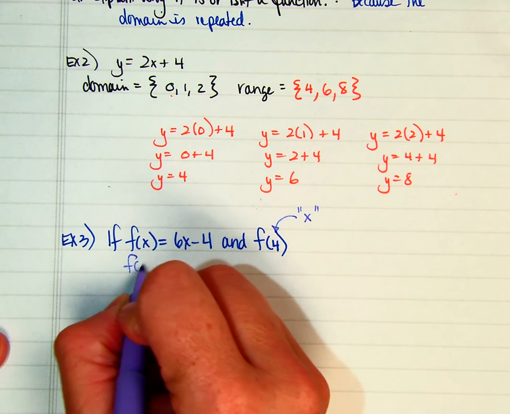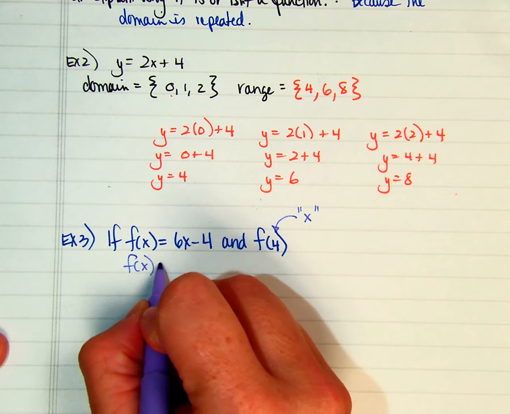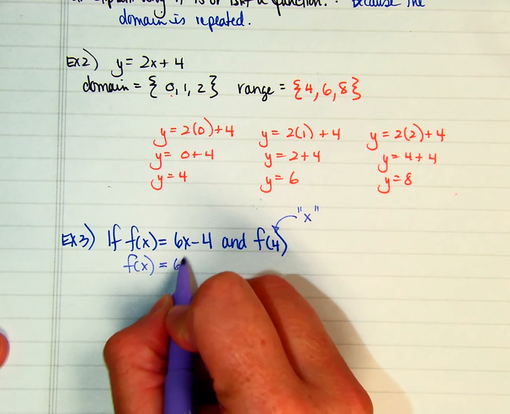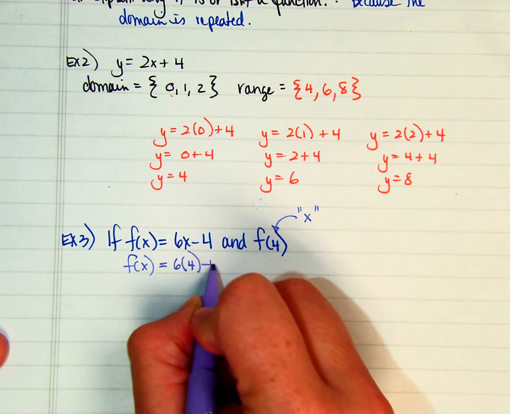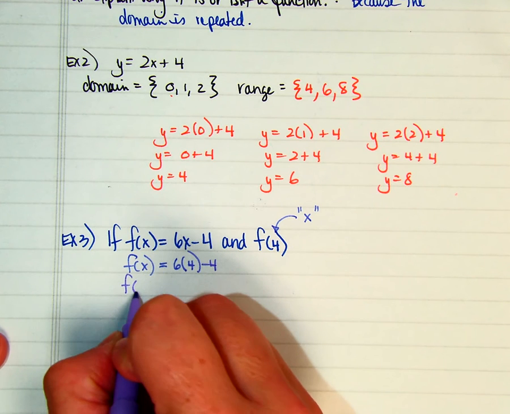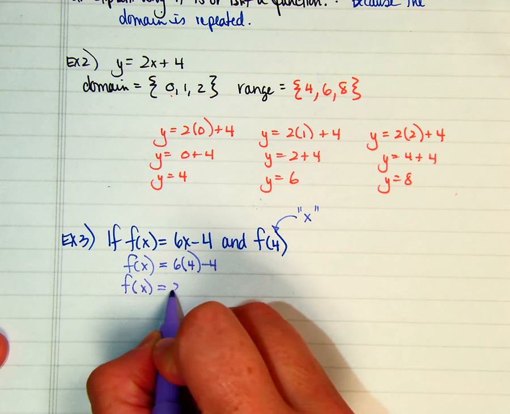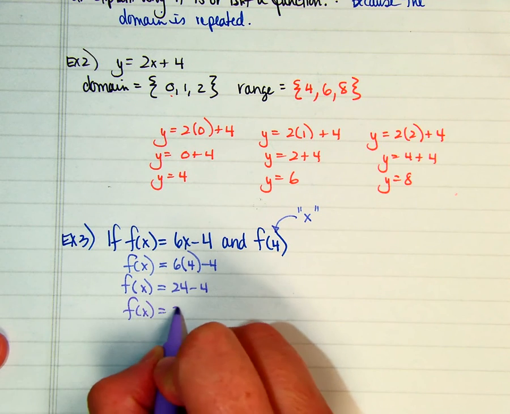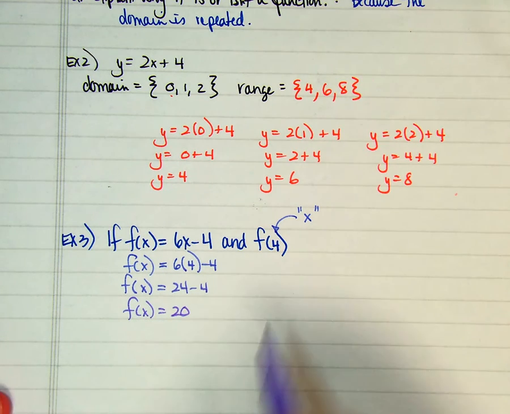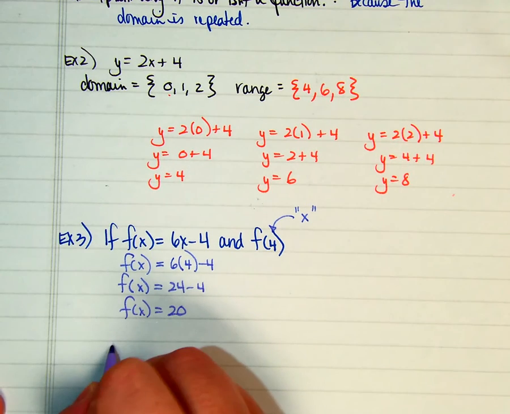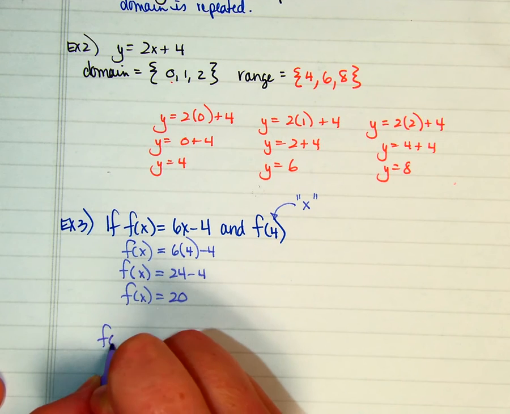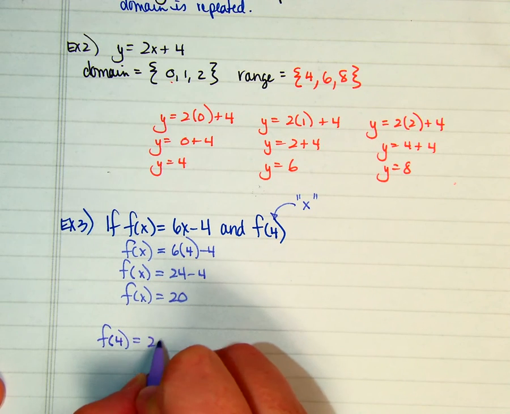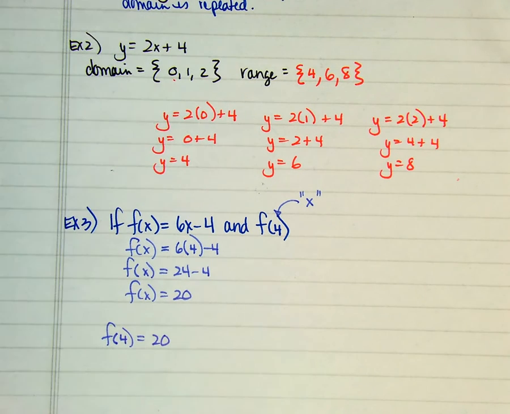So f of x, or the function of x, equals 6 times 4 minus 4. So f of x equals 24 minus 4. F of x equals 20. So the f of 4 equals 20.